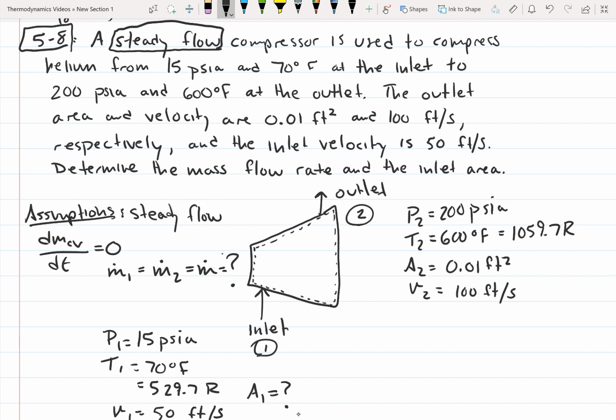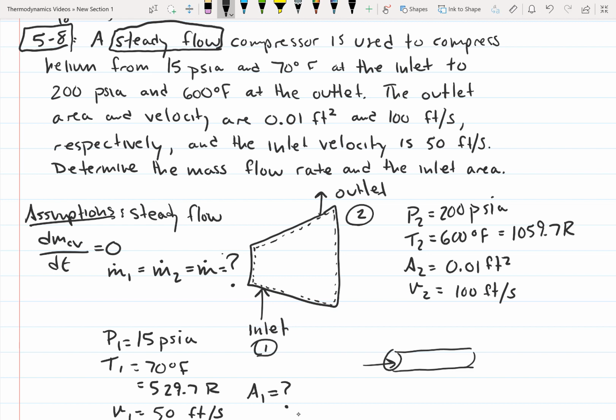The reason why is because, let's consider a pipe. If we have fluid flowing through the pipe, when we first turn on the flow to that pipe, the mass is going to be changing in the pipe with time as it fills up with whatever the fluid is. But after a certain amount of time, the mass flow into the pipe has to equal the mass flow out.